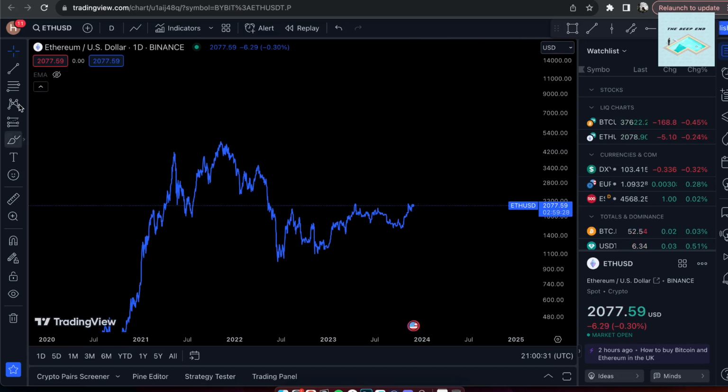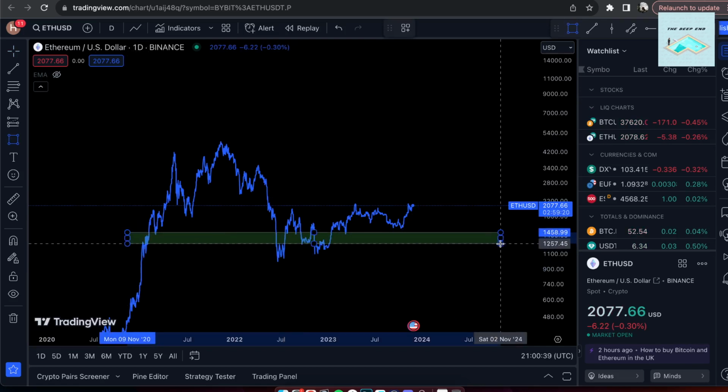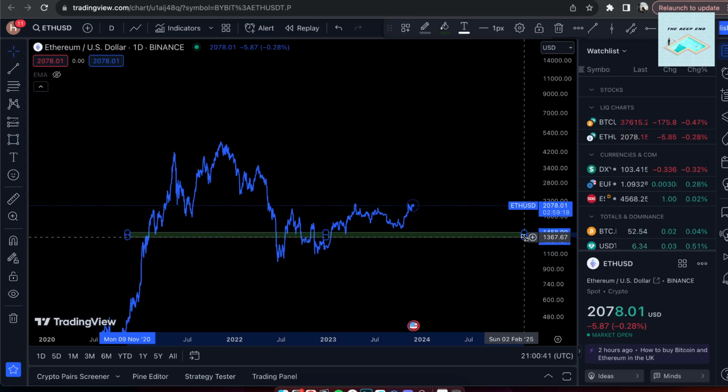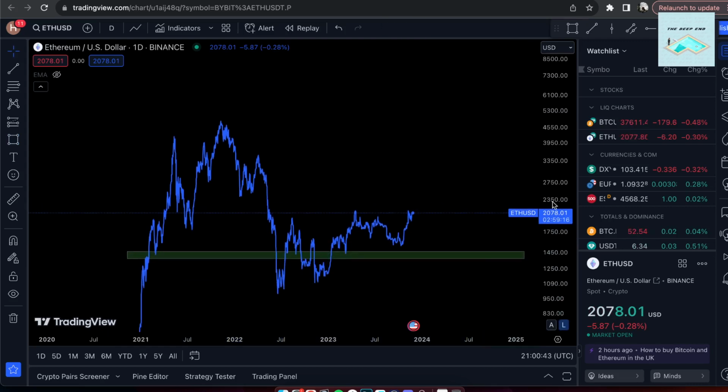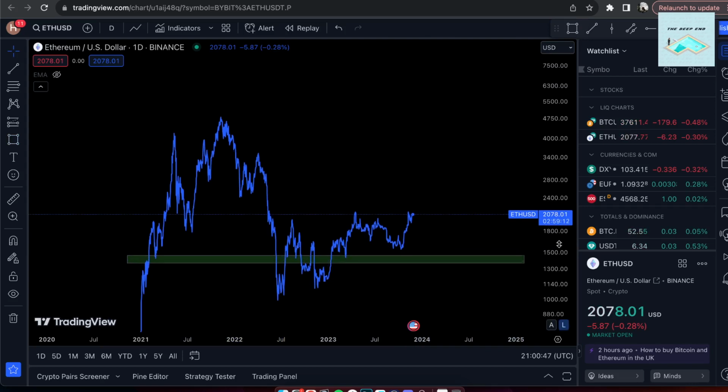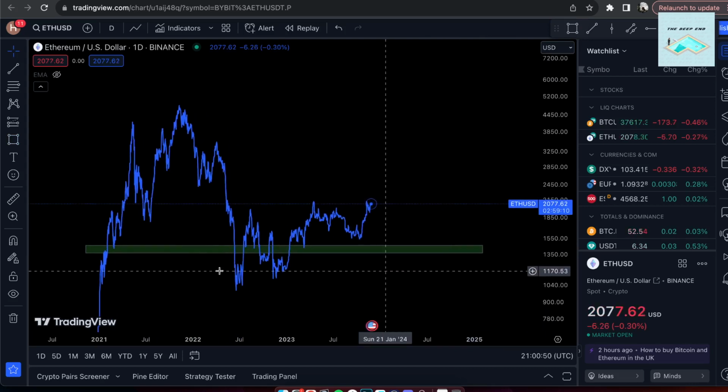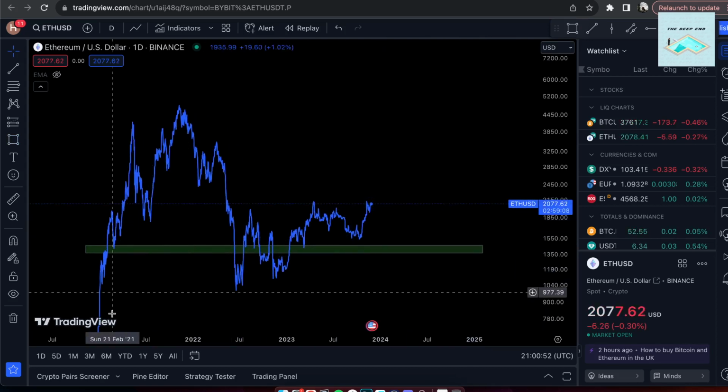Anyway, as you know, I like to do a box where I want to buy. So for me, this area is nice for Ethereum. Around about $1,300 to $1,400. Looks quite nice for me.